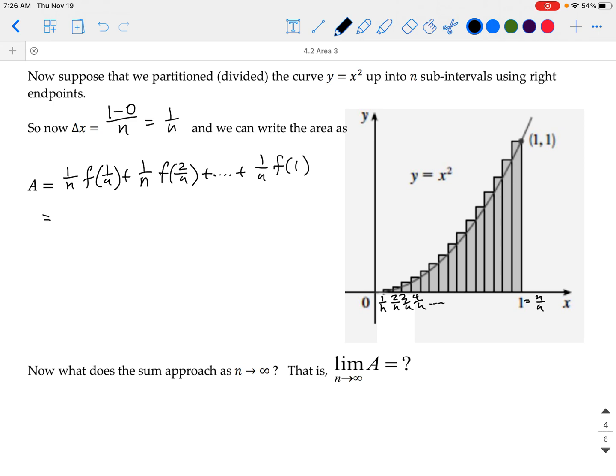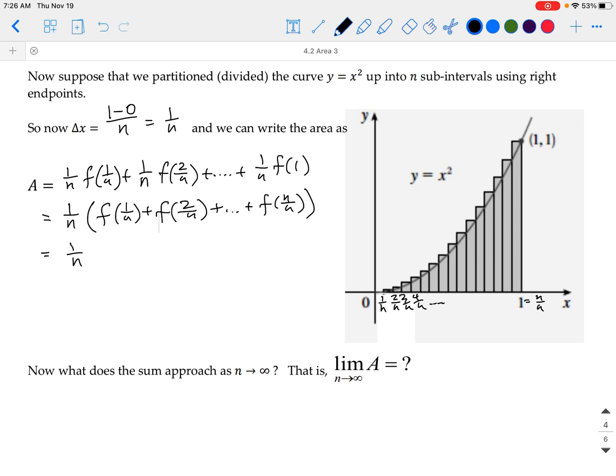And then we can factor out the 1 over n. Then we'll have f of 1 over n plus f of 2 over n plus, up to f of n over n, which is again just 1. But we'll notice that these are all just x squareds.